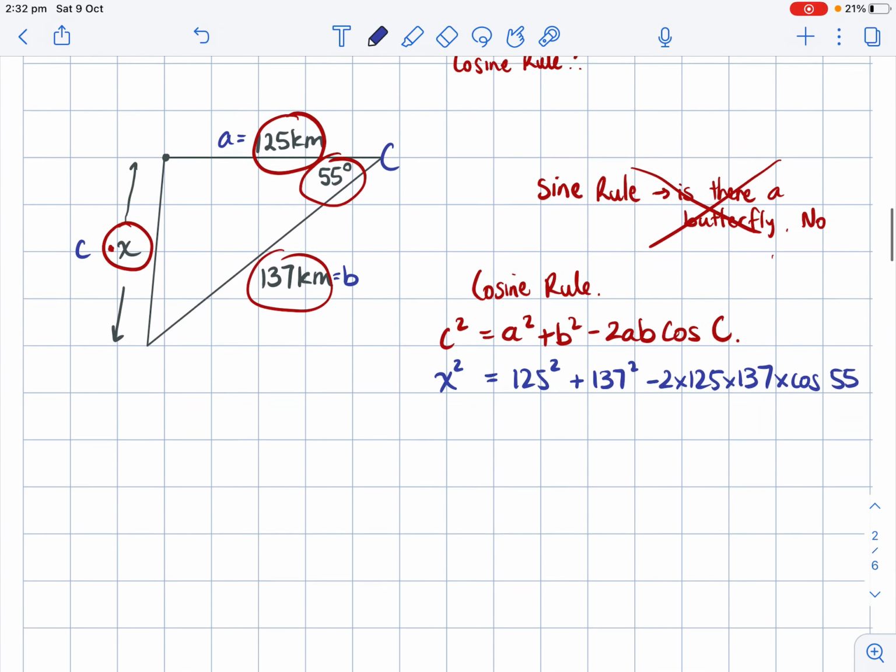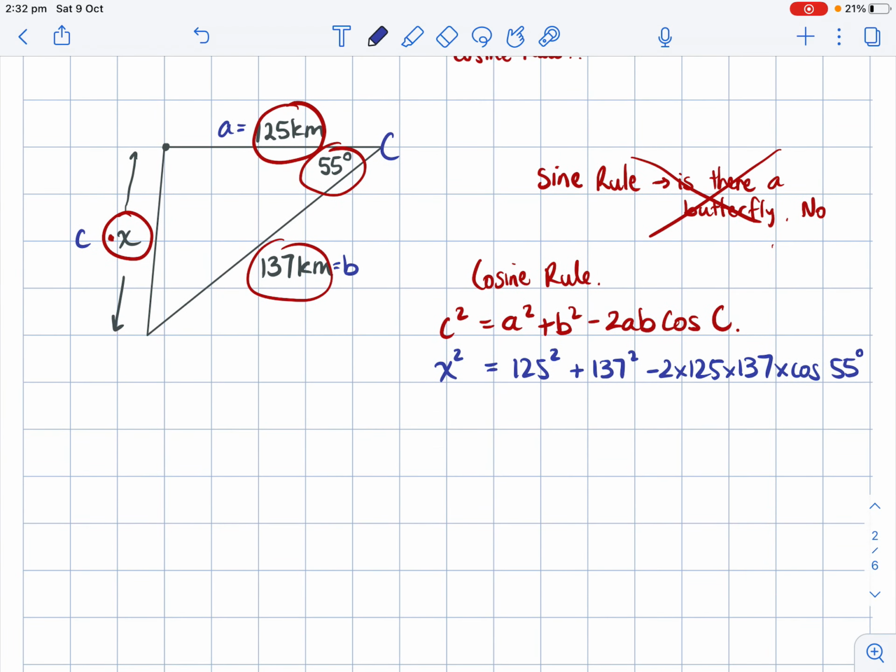Oh, my screen's jumping around on me, I don't know why. We'll deal with it. Once I get to this stage, it's just a matter of putting that into your calculator.